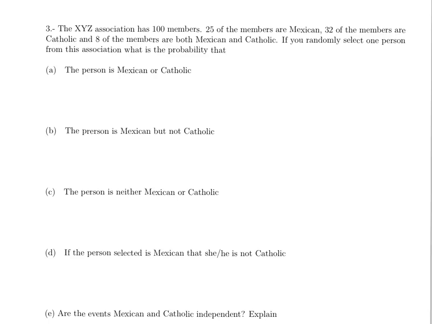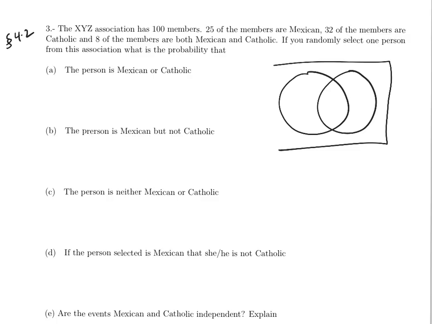Question number 3 is from section 4.2. For this question, remember, the best thing is to draw a Venn diagram before you start the problem. If you have the right Venn diagram, everything will be easy. So in this case, you have 100 people, who are either Mexican or Catholic or other. It tells you that 8 are both Mexican and Catholic.